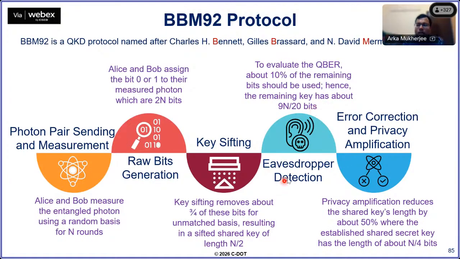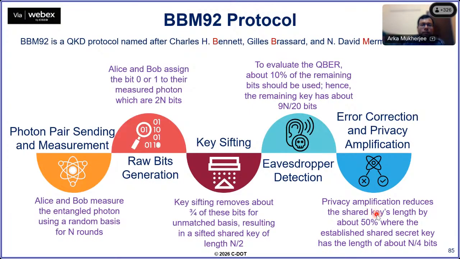Then they run privacy amplification and error correction, applying on average about 50% compression. After compressing by 50%, it becomes 9n/40, which is roughly n/4.